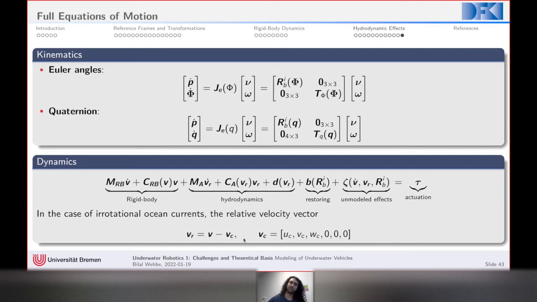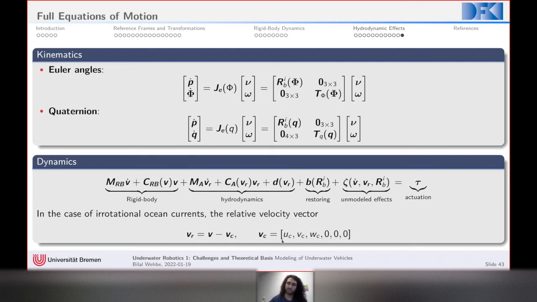And we often assume a uniform or fixed ocean current with only linear parts. So we cannot really model underwater vehicles in hurricanes, or if we have a rotational current. So this is the assumption here. This is just a linear ocean current. We assume over a certain period of time that this current is fixed.